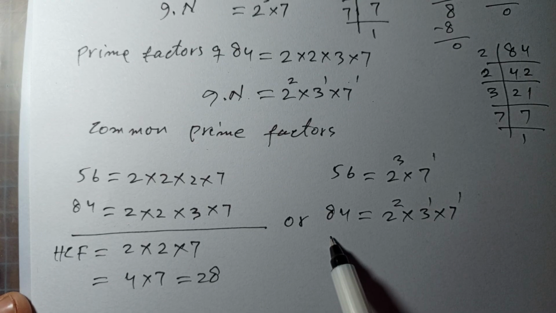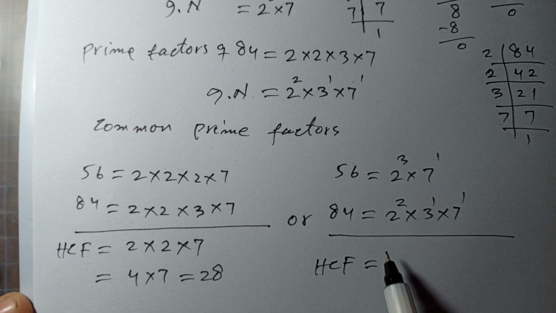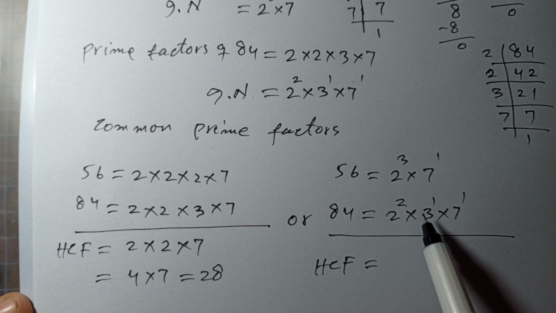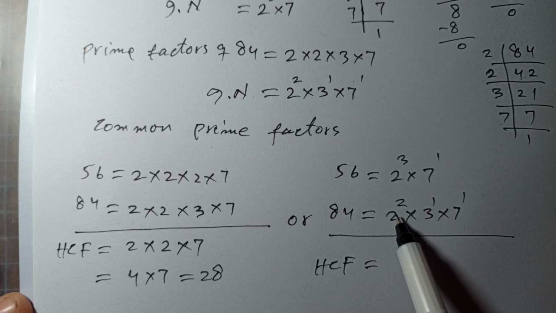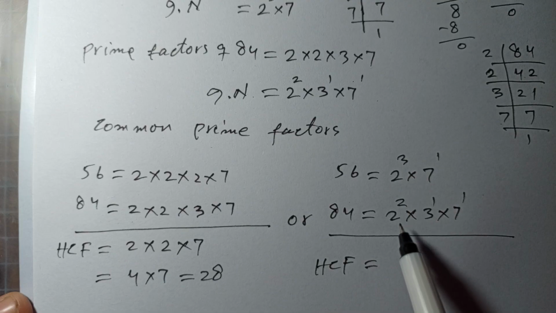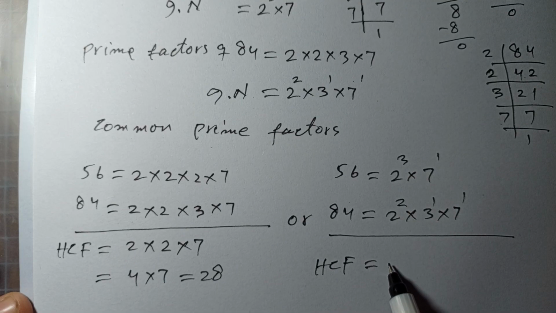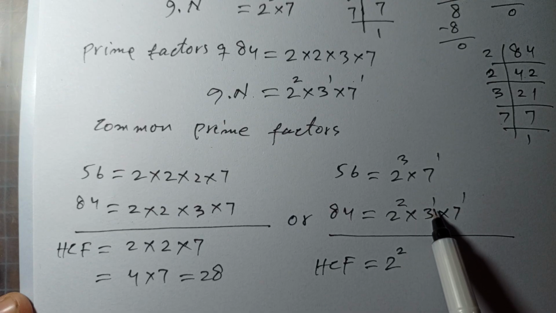To find its HCF, you will take the lower power from each number. So see here, 2 has lower power 2, while this 2 has higher power 3. So you will use this lower power, 2 raised to power 2.